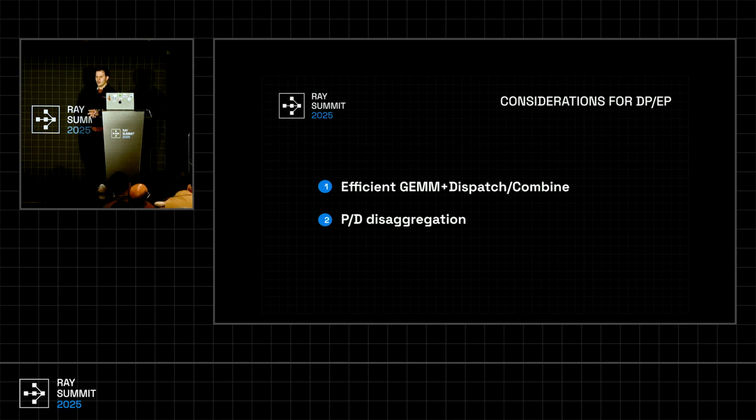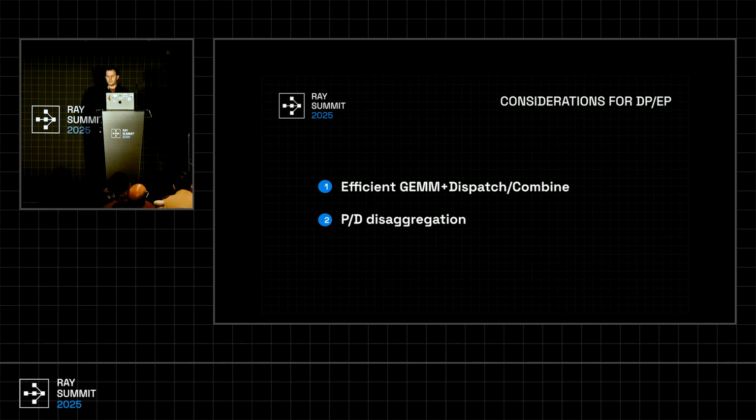So that's the overall mental model for how things work. We run attention independently on all the different ranks. After attention, we do this dispatch operation, which sends the token to the proper rank. We do the MLP independently, and then do the dispatch operation back.